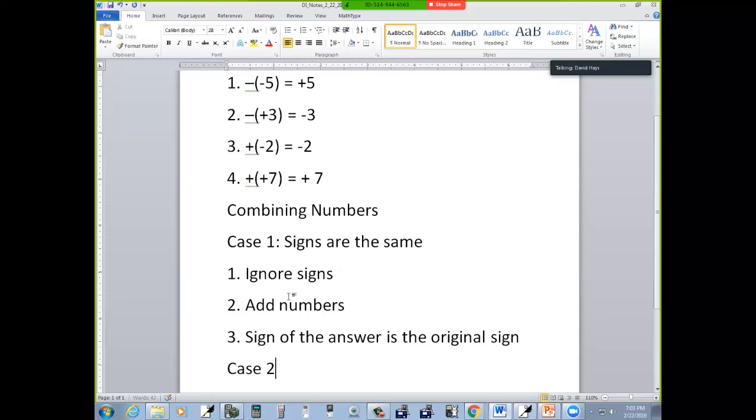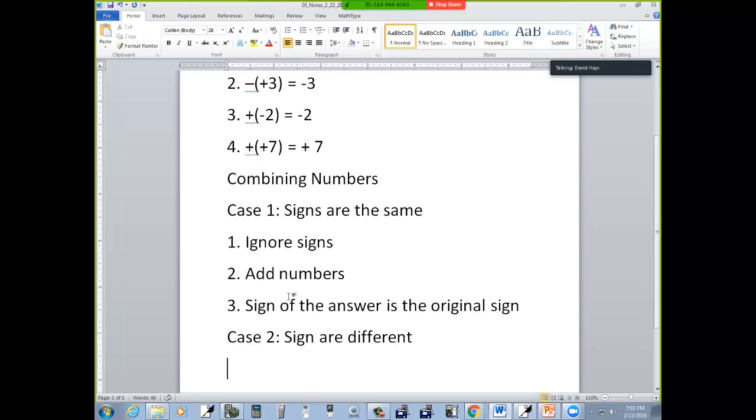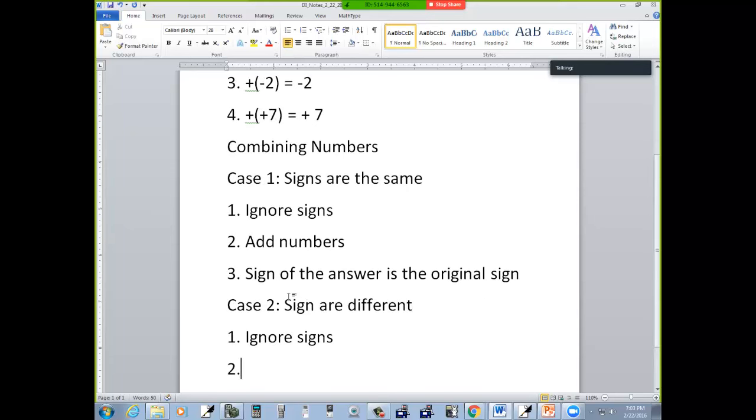Now we'll also have case 2, where your signs are different. One's positive, one's negative. We're going to ignore the signs. We'll subtract the smaller number from the larger number.